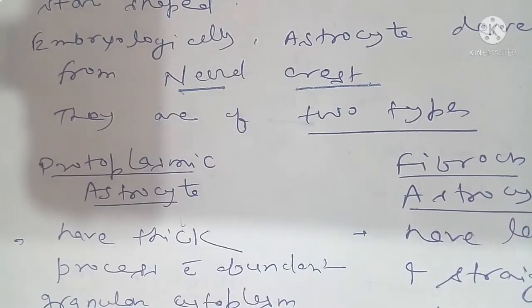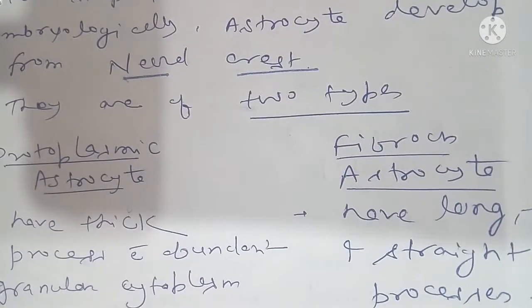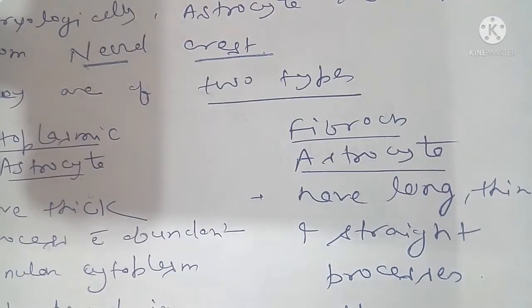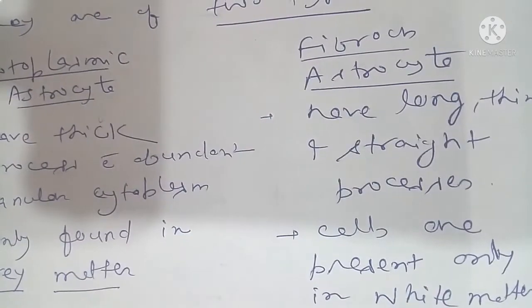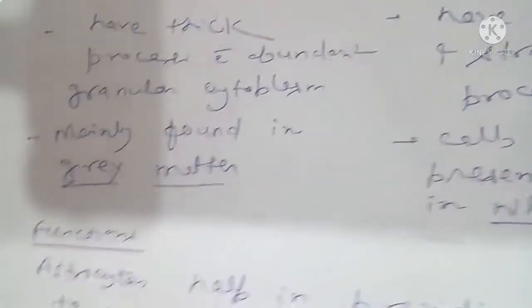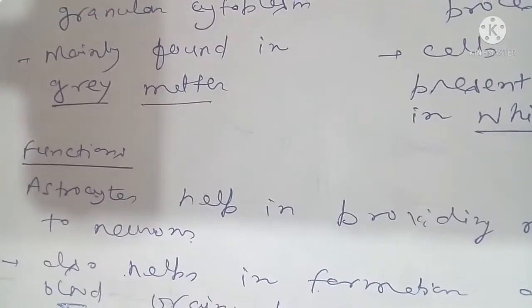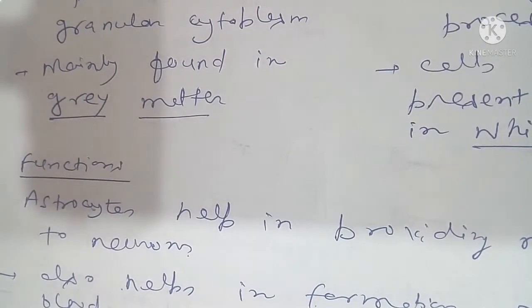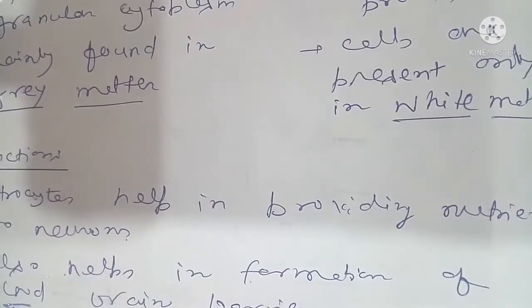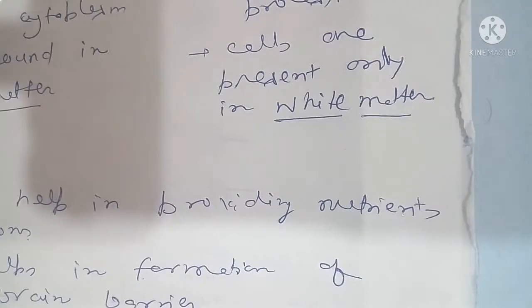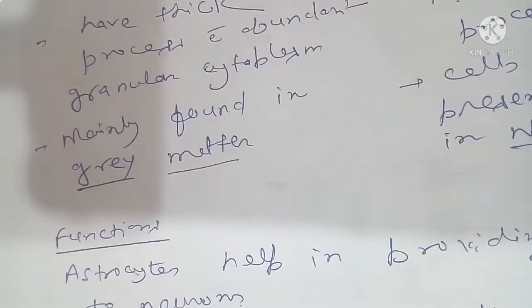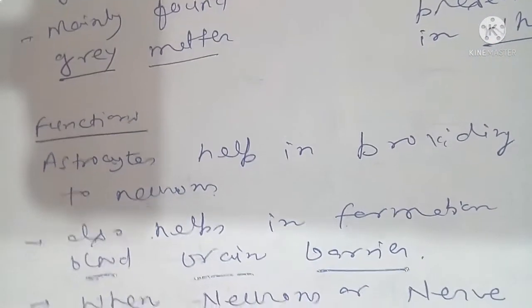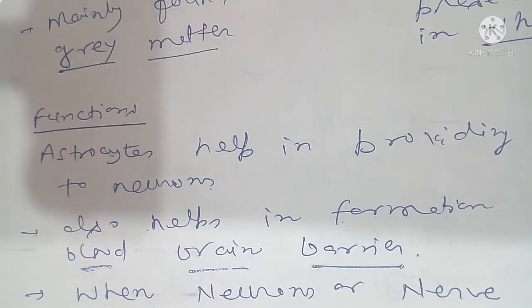The protoplasmic astrocytes have thick processes with abundant granular cytoplasm, and the fibrous astrocytes have long, thin and straight processes, and these cells are present only in the white matter. The function of the astrocyte cells is to provide nutrients to the neurons and help in the formation of the blood-brain barrier.